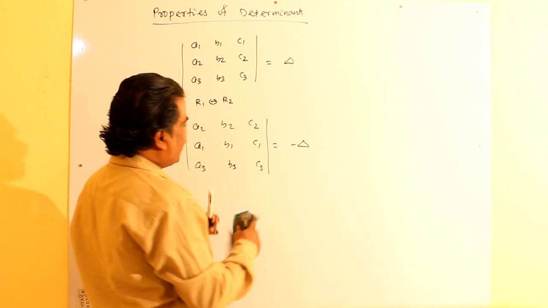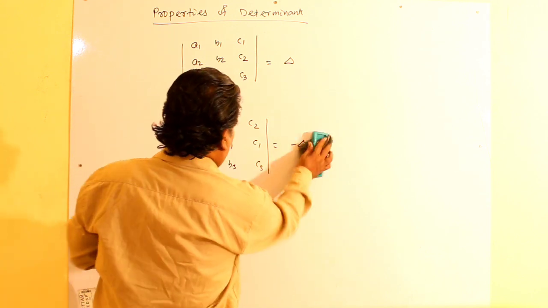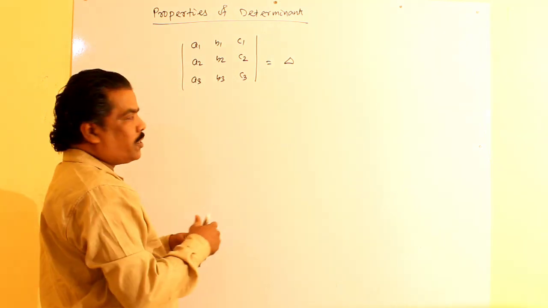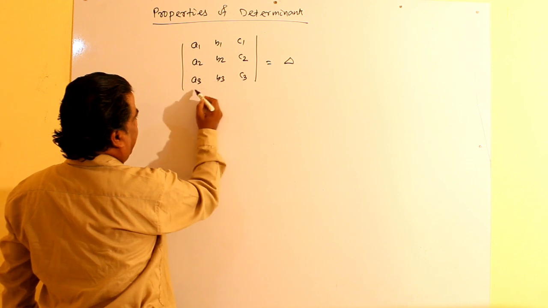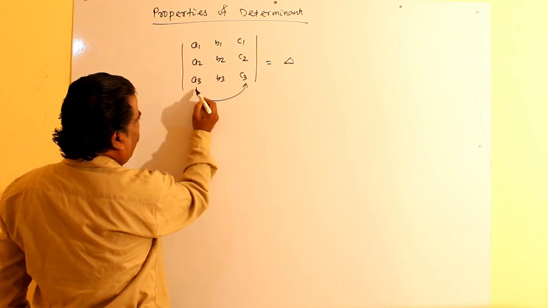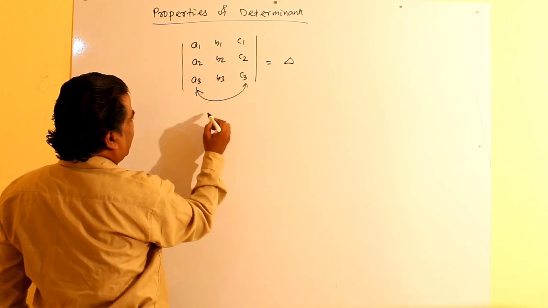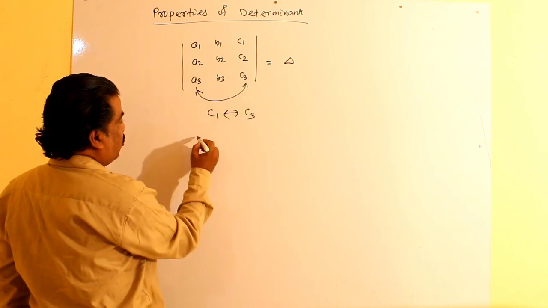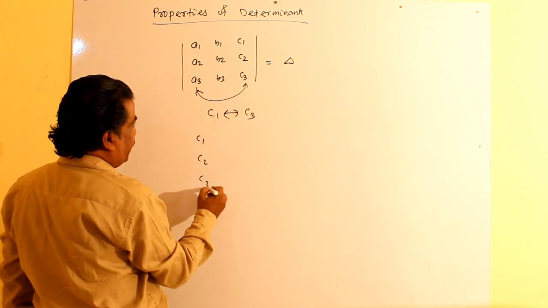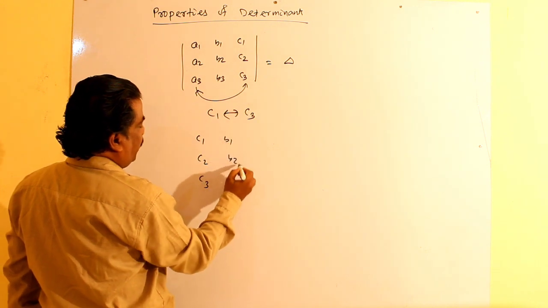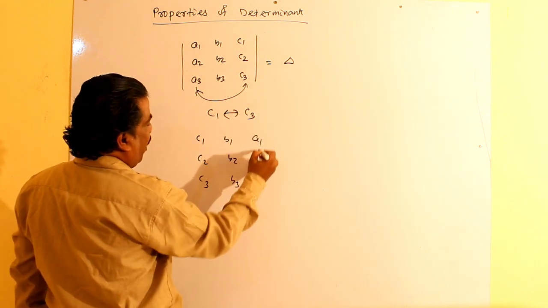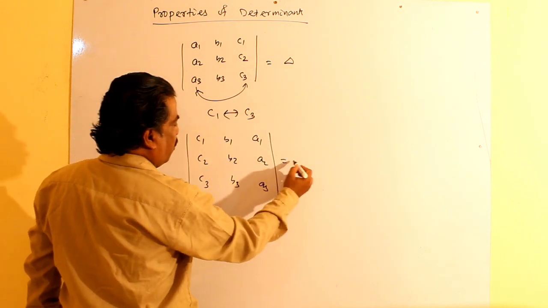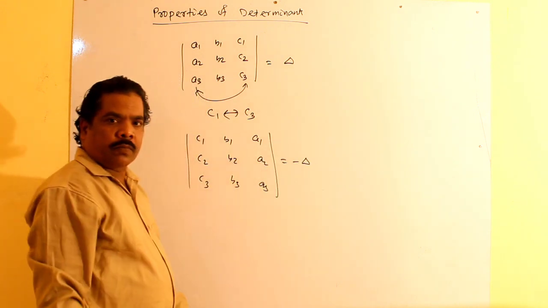Similarly, if you change any two columns, if you change column 1 to column 3 and column 3 to column 1, now C1, C2, C3, B1, B2, B3, A1, A2, A3, then the value is equal to minus delta.